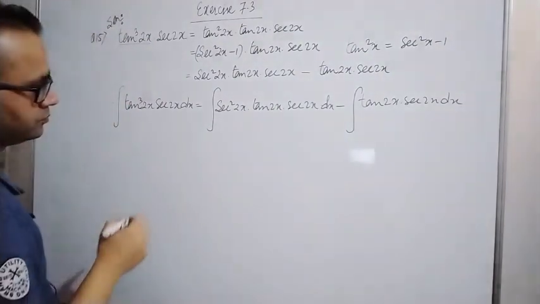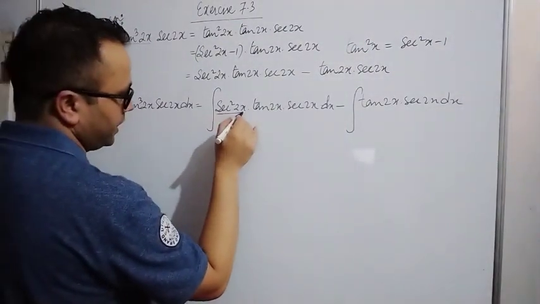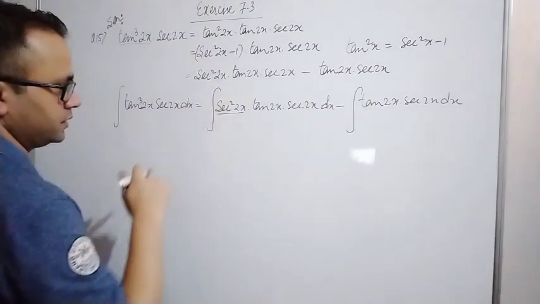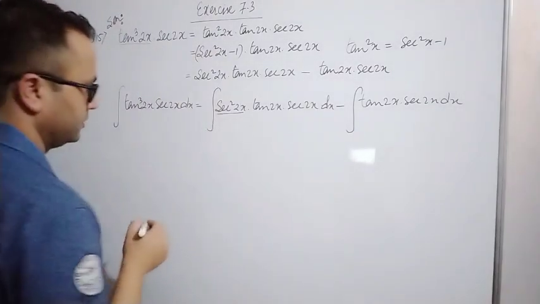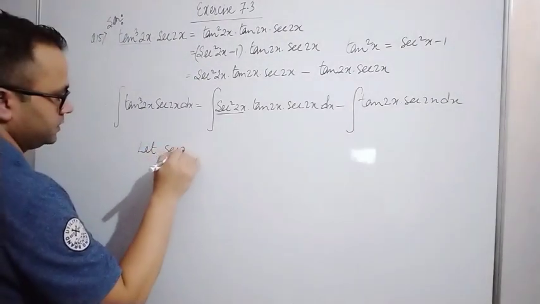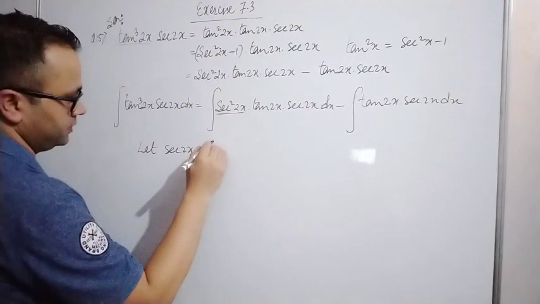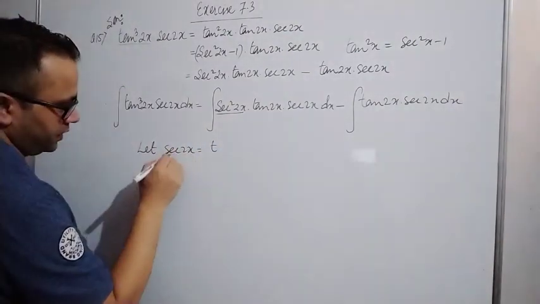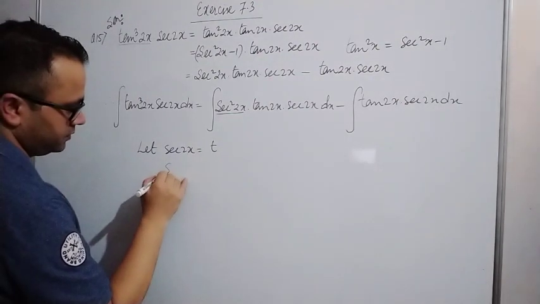Now we will take sec 2x equals t, because the differentiation of sec x is sec x tan x. Let sec 2x equal t. What is the differentiation of sec x? It is sec x tan x.